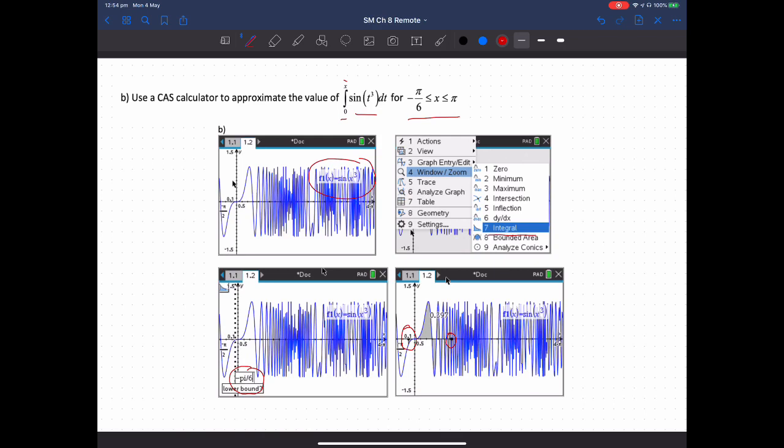You can see the calculator screen has shaded in those areas for us, and they've added them together to give us a value of 0.397.